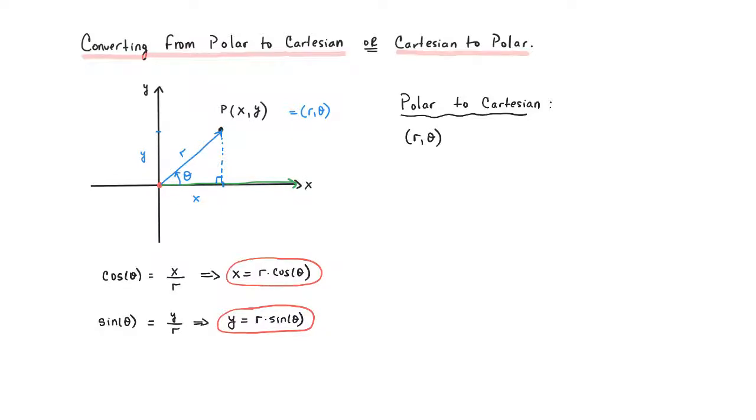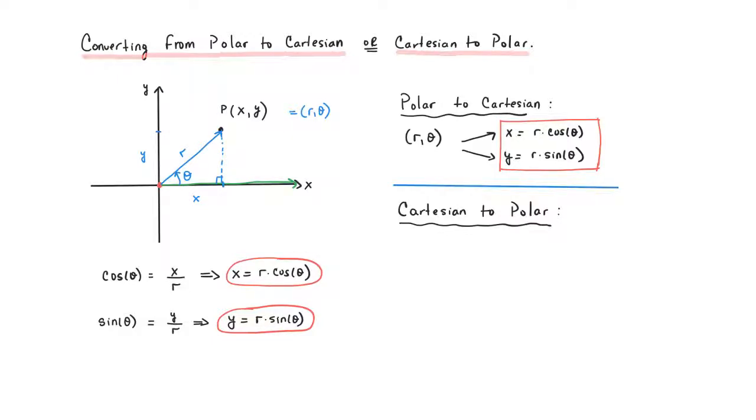In order then to get the Cartesian coordinates, you're going to use the fact that x is equal to r times cosine theta and y equals r times sine theta. Okay, so this is how you are going to convert back to Cartesian coordinates from polar coordinates.